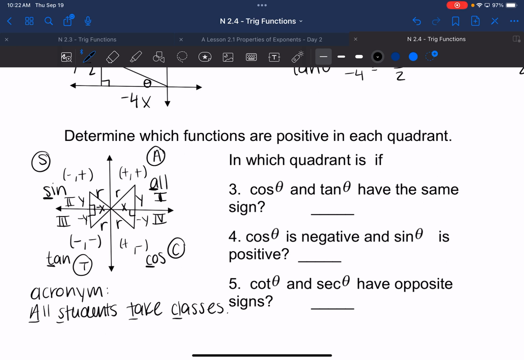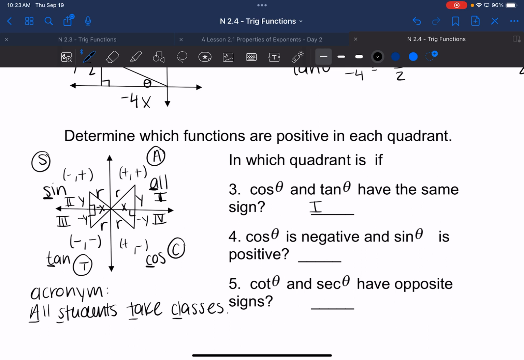Now that we know this information, let's answer questions 3, 4, 5. Number 3 says cosine and tangent have the same sign. Same sign means they're either both positive or both negative, right? In quadrant 1, are they the same sign? Yes, because everything's positive there. In quadrant 2?